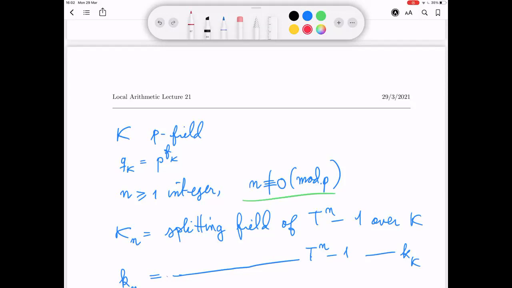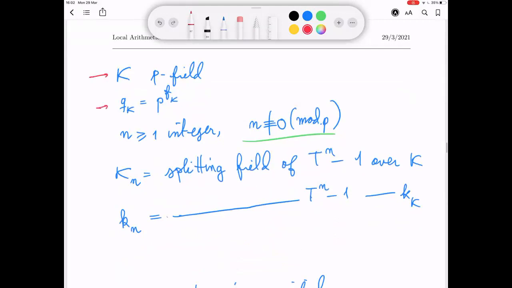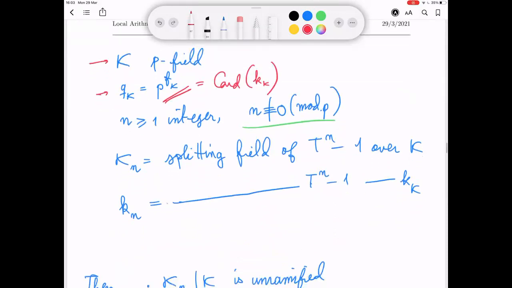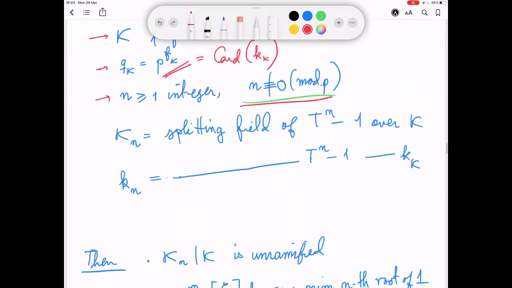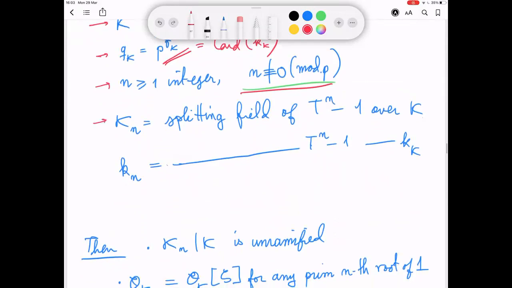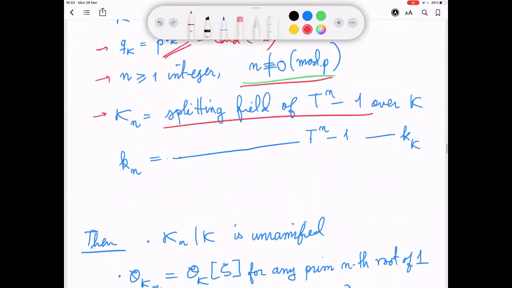So the first thing that we want to prove is that if I have a P-adic field K, and I denote by q_K as before the cardinality of the residue field, and if I take an integer n which is prime to p, and then I take the splitting field of T^n minus 1, which means I adjoin all nth roots of unity.